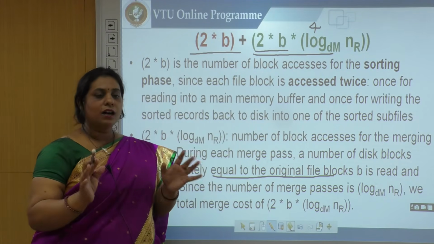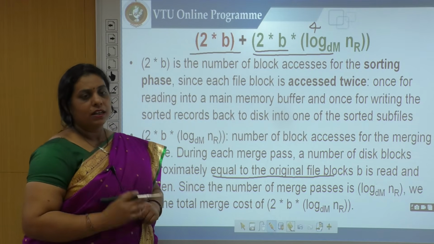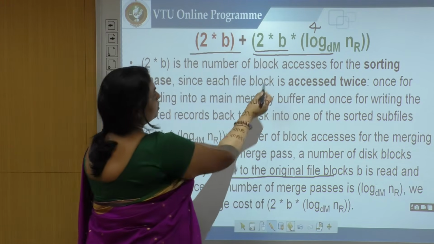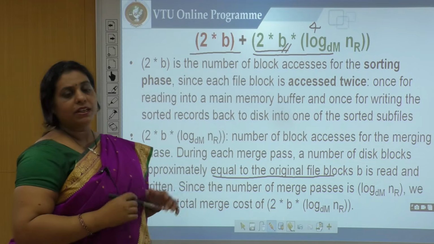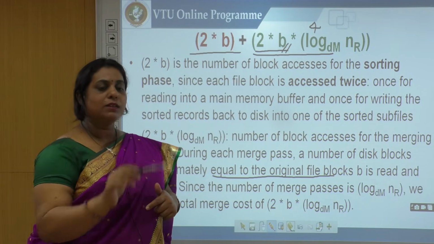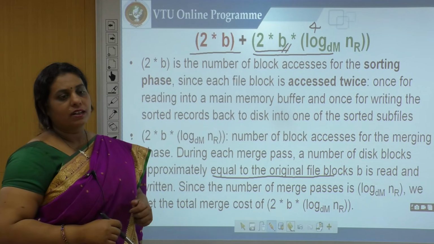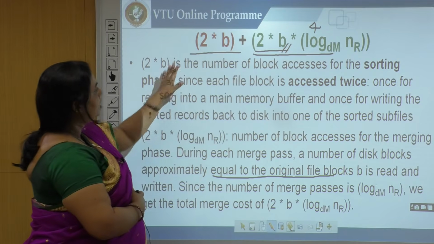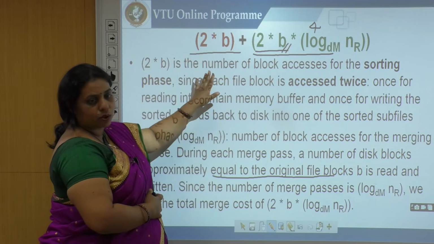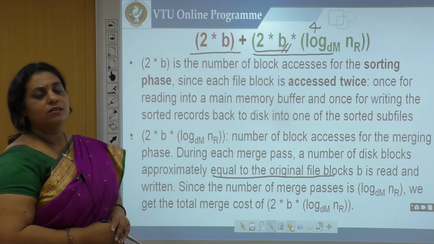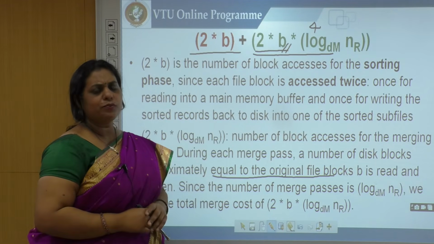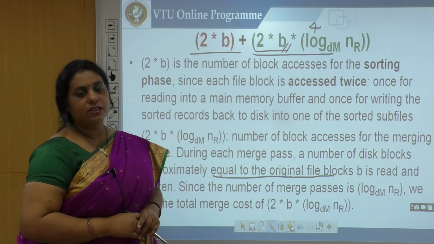I was accessing the entire file twice, but I accessed it in each phase of merge. That's why together the performance is 2 into B, which is for sorting, plus 2 into B into log to the base the degree of merge of the number of subfiles.